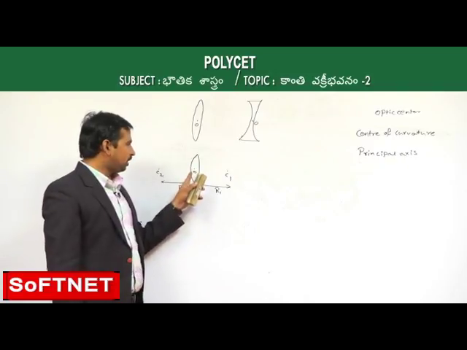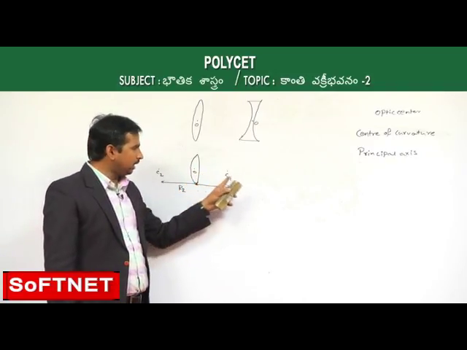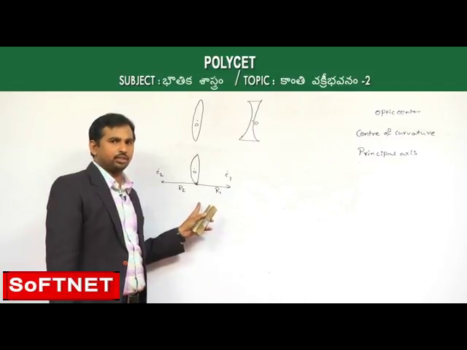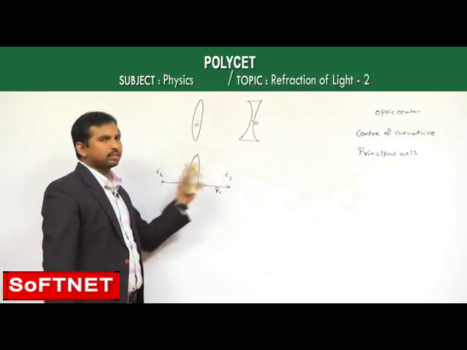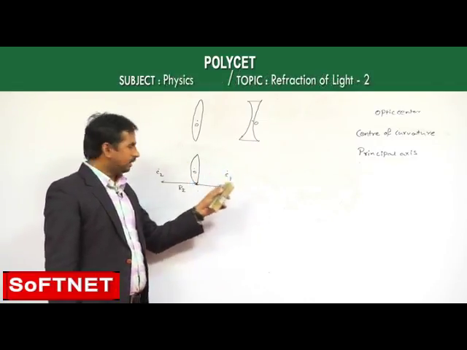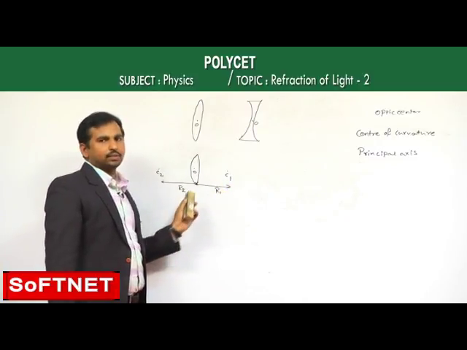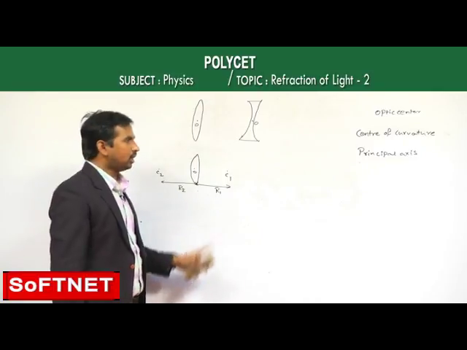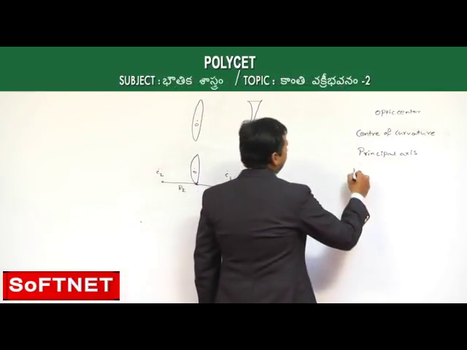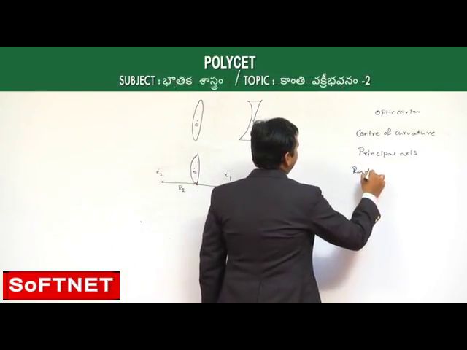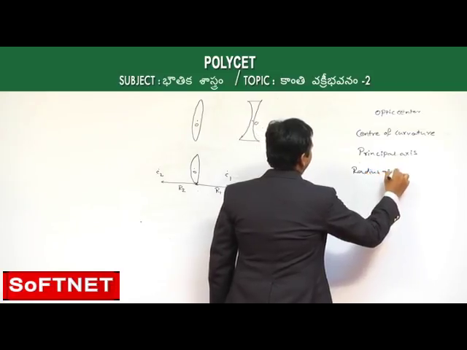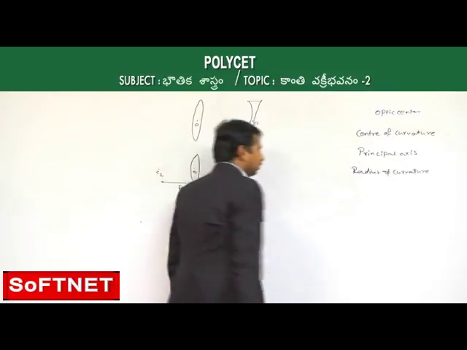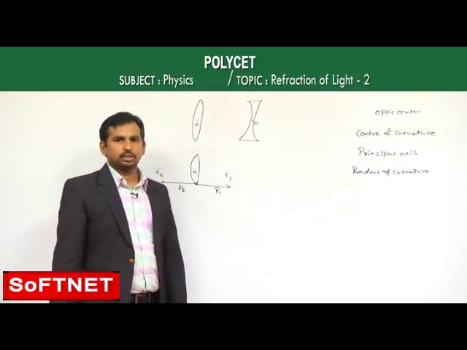The distance between the optic center and the center of curvature is called the radius of curvature. As there are two centers of curvature, there are two radii of curvature, R1 and R2.